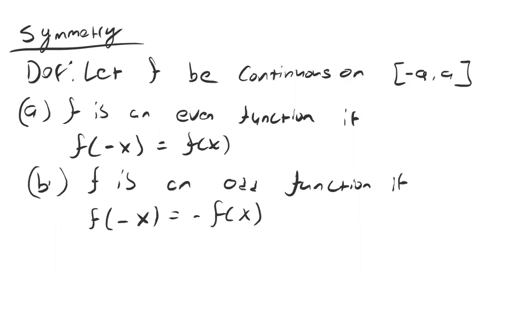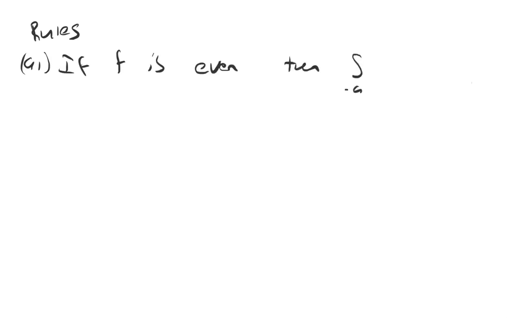And now we have these rules. We're going to let f be continuous on -a to a again. If f is even, then the integral from -a to a of f of x dx is equal to 2 times the integral from 0 to a of f of x dx.